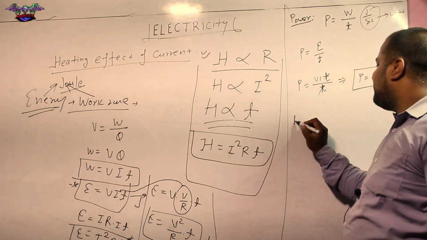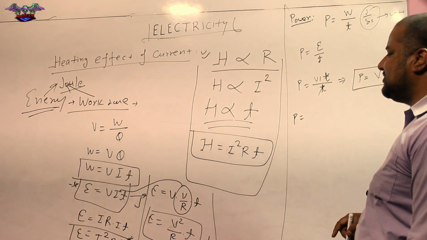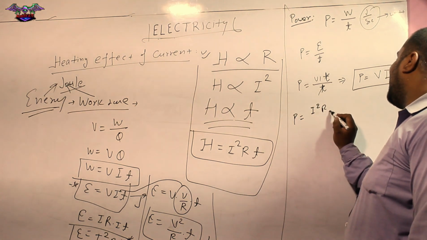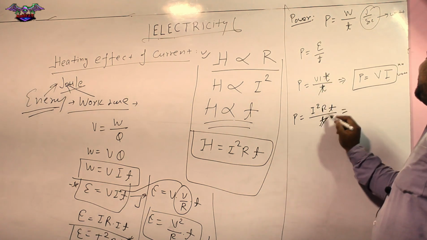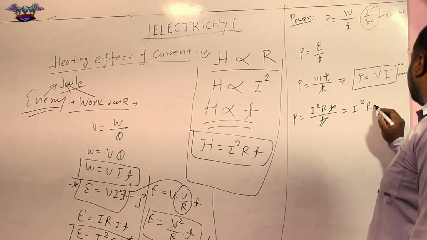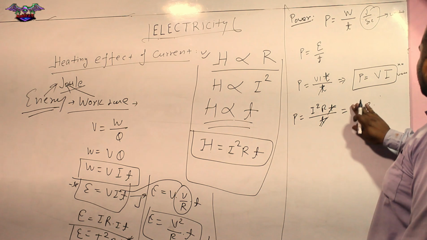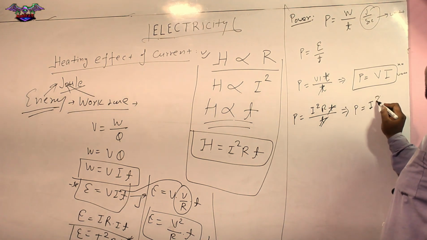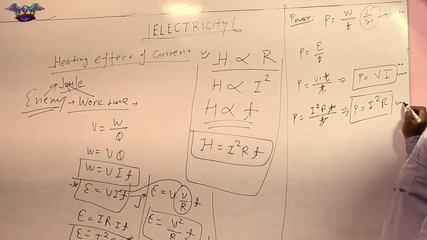Second formula for power: next put the energy. What is the formula for the energy? I squared RT divided by T, so that will be I squared R. This is another formula for the power: P equal to I squared R. Got it?